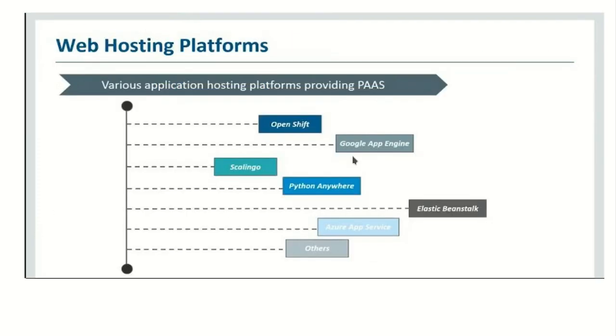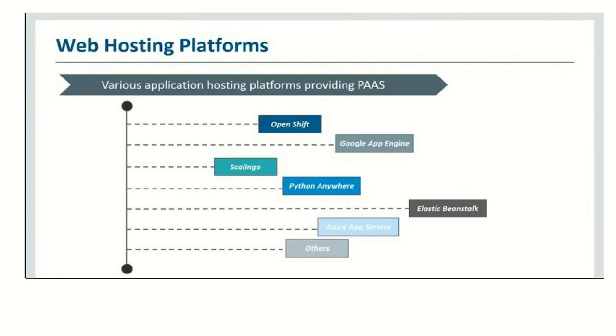Now let's see various application hosting platforms providing PaaS, platform as a service. First, we have something called OpenShift. It is a web hosting platform offered by Red Hat. Then we have Google App Engine, which we all know.